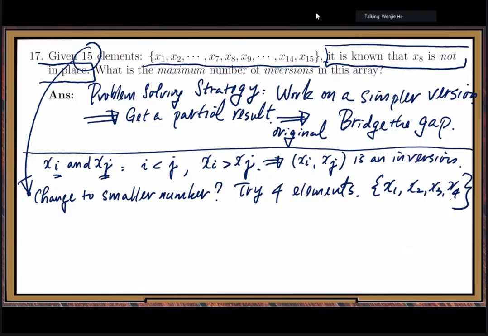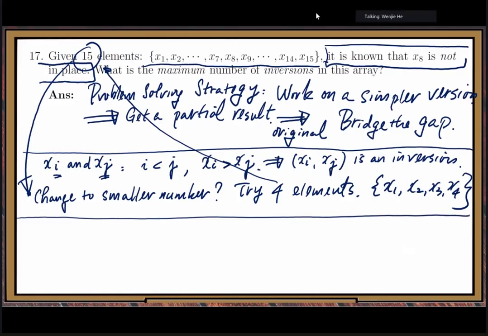If you can find the correct answer, then you change this 4 back to 15. You can easily generalize your result to the destination case. So that's the second step.